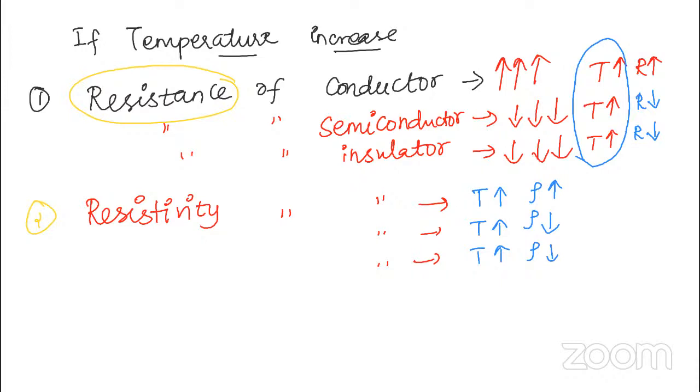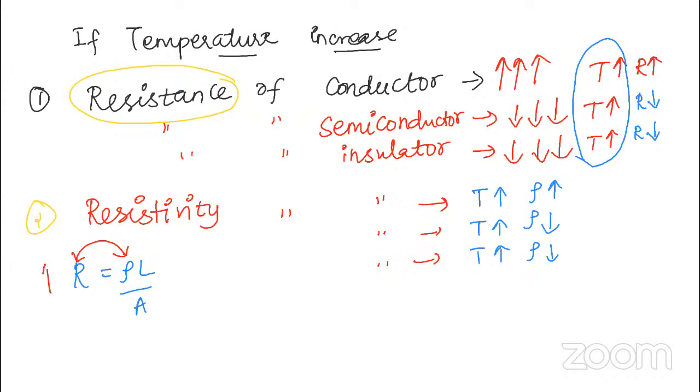From the last class we saw one formula, no? For calculating resistance, what is the formula? R is equal to rho into L by A. Here, rho and R are directly proportional.